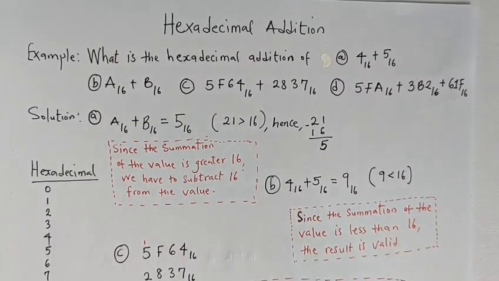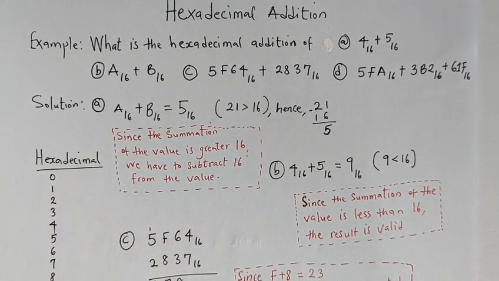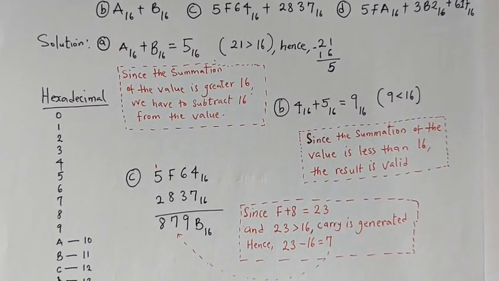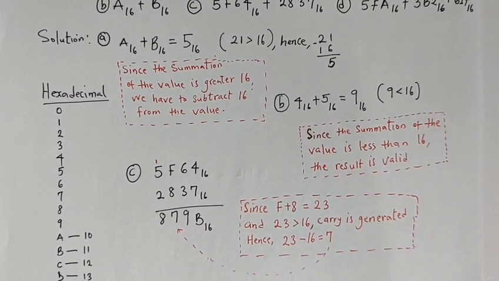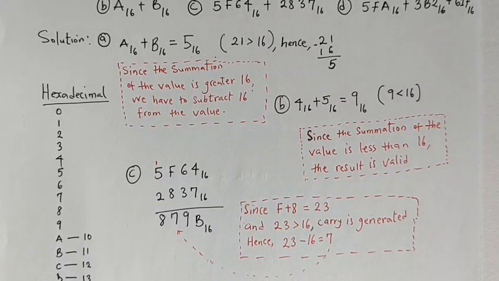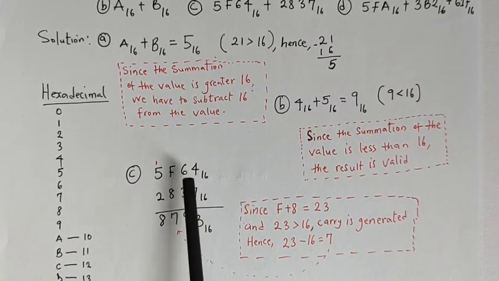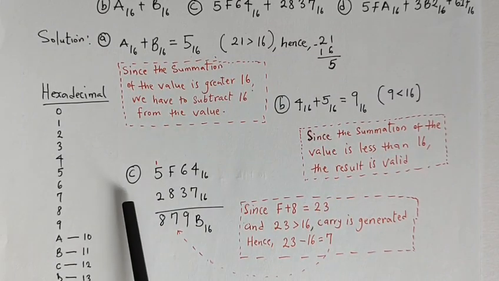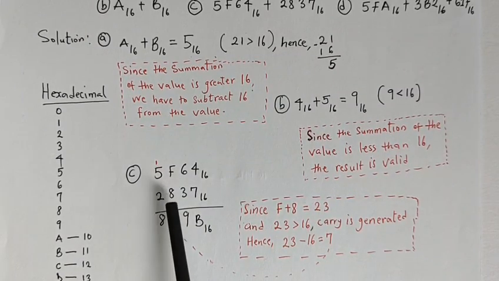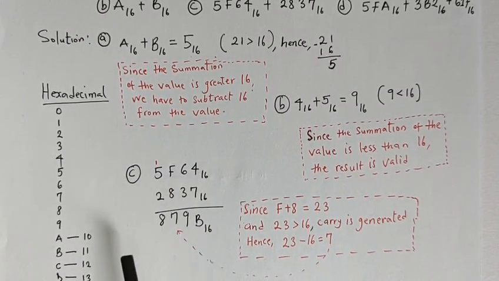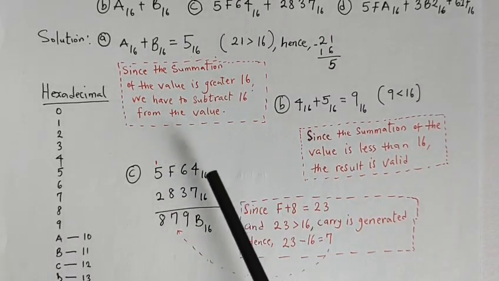Now let's go to something a bit more complex. Now we have 5F69 base 16 plus 2837 base 16. Let me take you through the procedure on how to solve this.